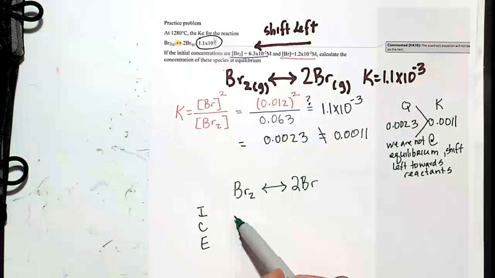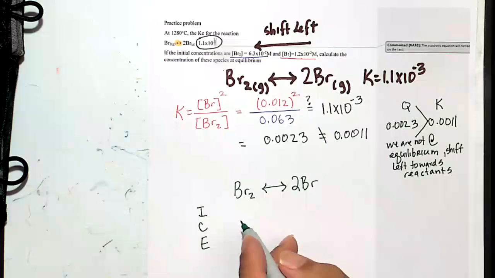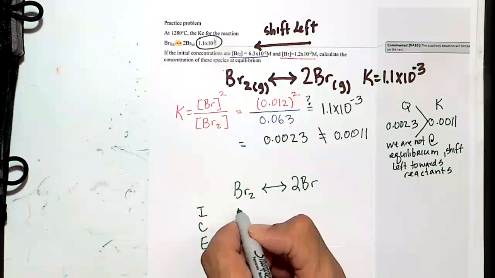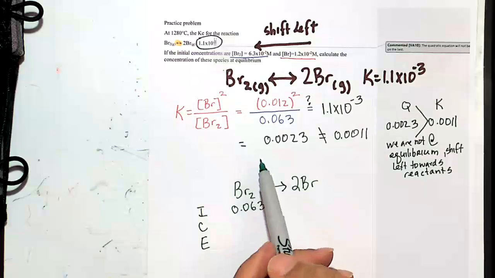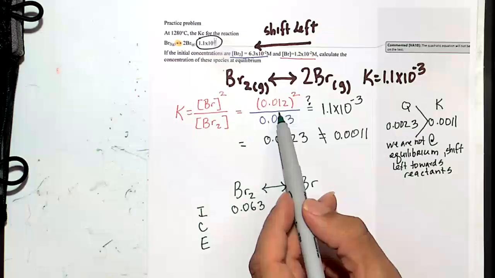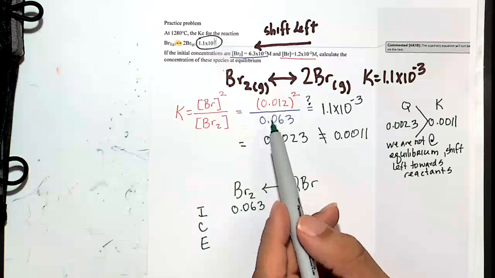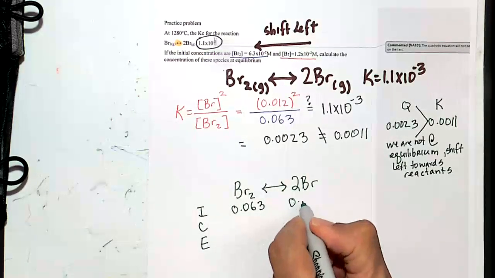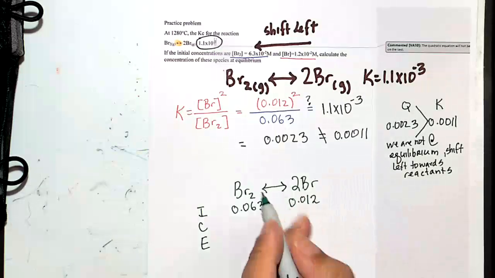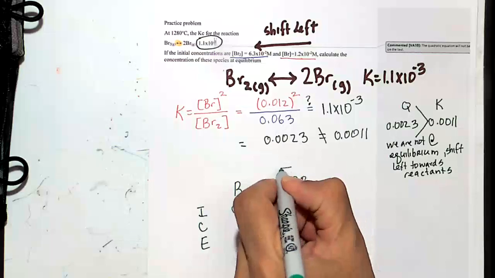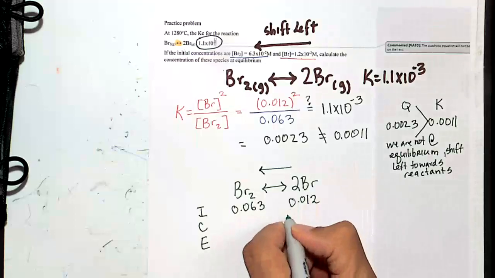What is the initial concentration of Br2? 0.063. What is the concentration of Br? 0.012. Which way did we say this is going? Shifting to the left towards reactants.